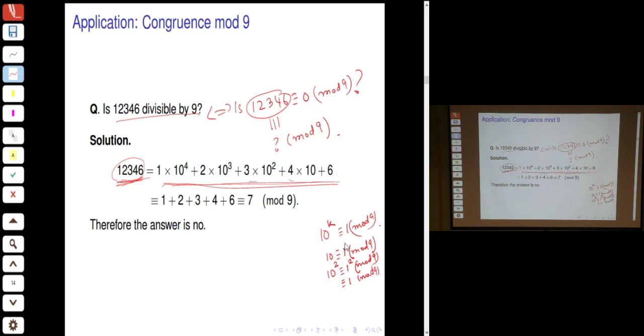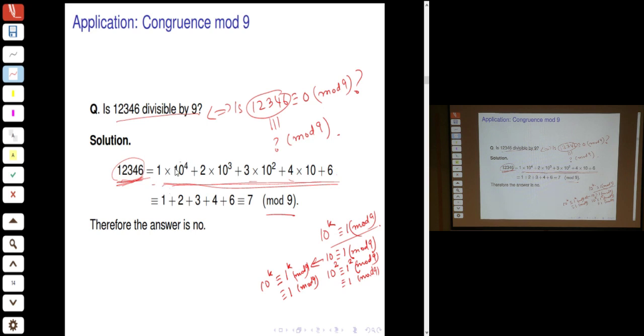Similarly, any kth power of 10, 10 to the k, is congruent to 1 to the k mod 9, and 1 to the k is just 1. So, 10 to the k is 1 mod 9. That is what we are going to use. We are studying this mod 9. Again, any appearance of A we can replace by B if A is congruent to B mod 9.